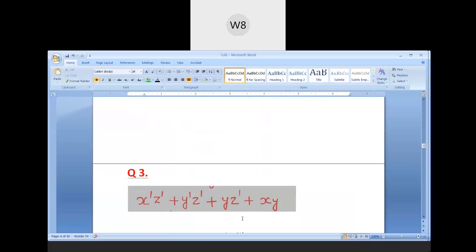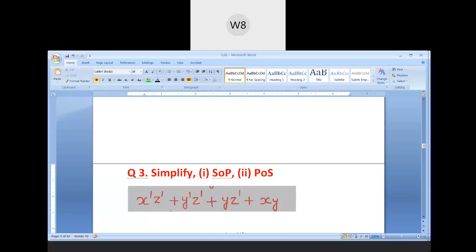So now here we have a question. Here again we have to simplify, and of course simplify and then represent this in the form of sum of product form, and also the same function as product of sum form.